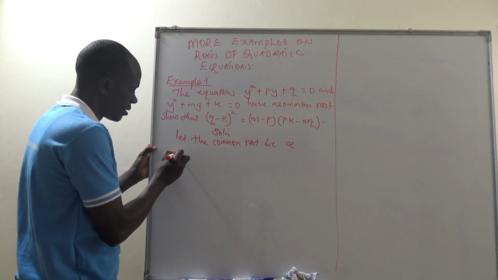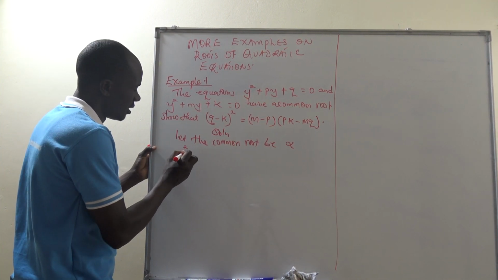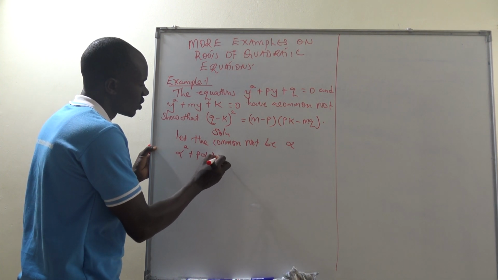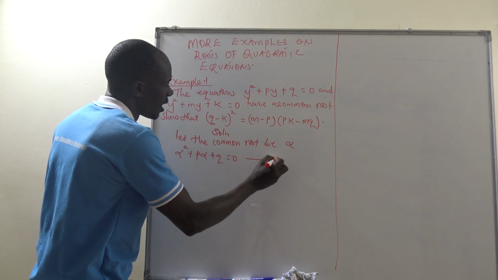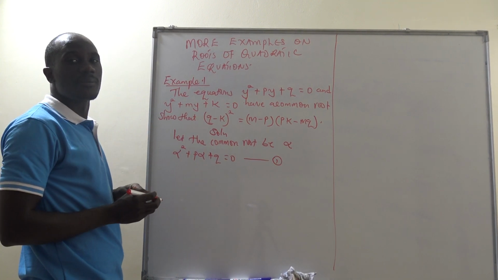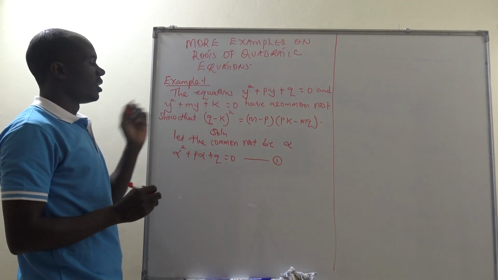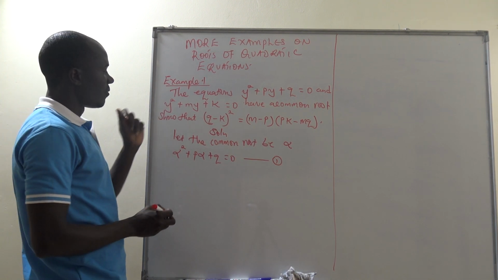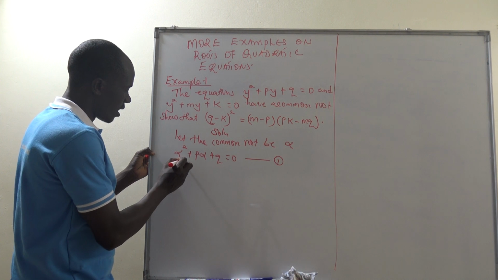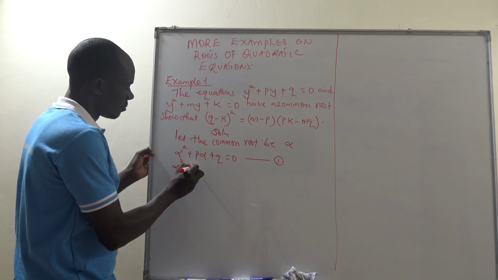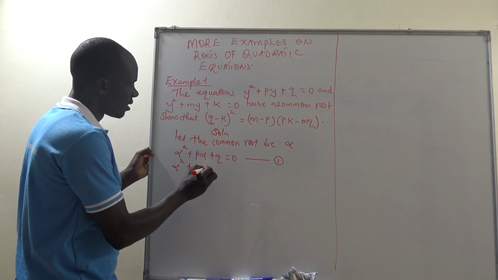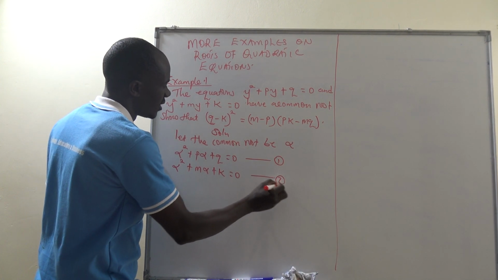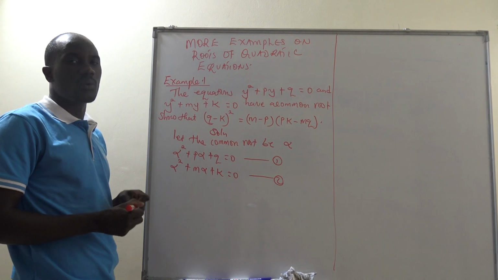It becomes alpha squared plus p alpha plus q equals 0. I can say this is the first equation. I also go to the second one. Where there is also y, I replace it with the alpha. It goes alpha squared plus m alpha plus k equals 0. I say this is the second equation.